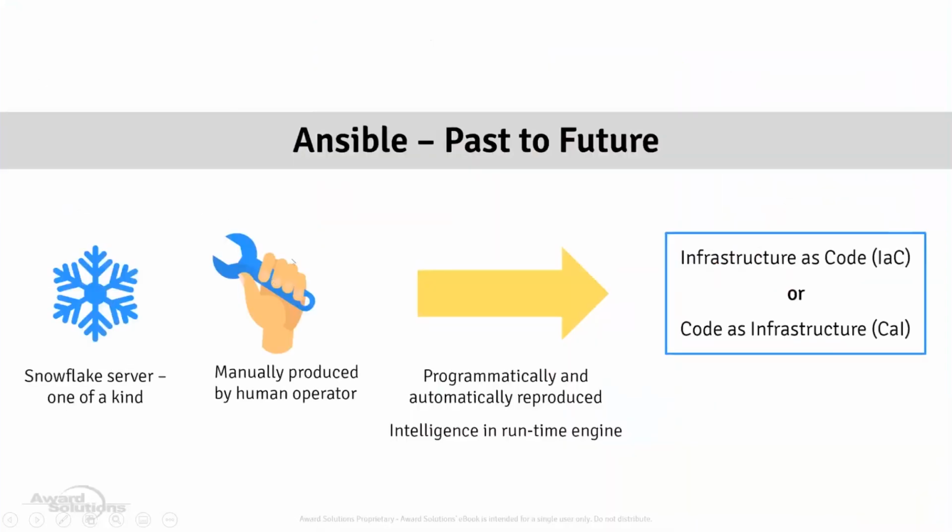So a little bit of history of managing devices. It used to be, if you go back 15, 20 years ago, we used to treat all of the nodes that we're managing as snowflakes, individual, one of a kind. And whenever we had any problem, we had to manually do something with that.